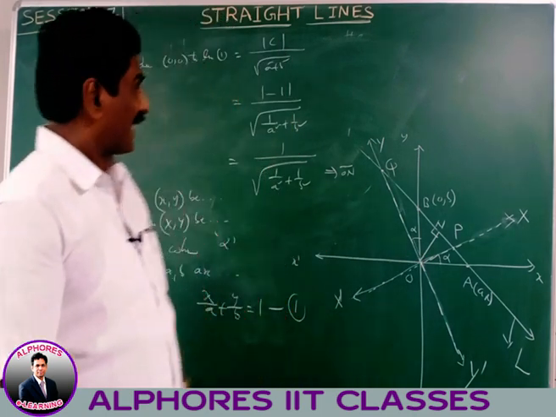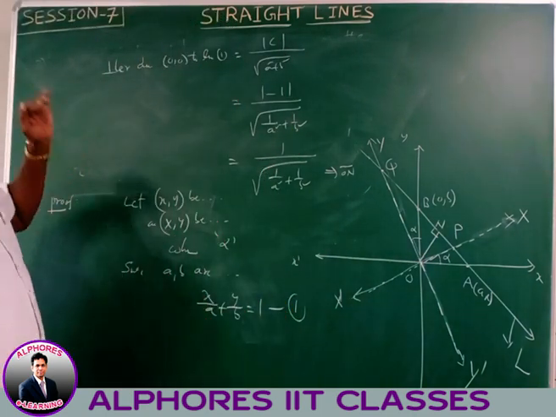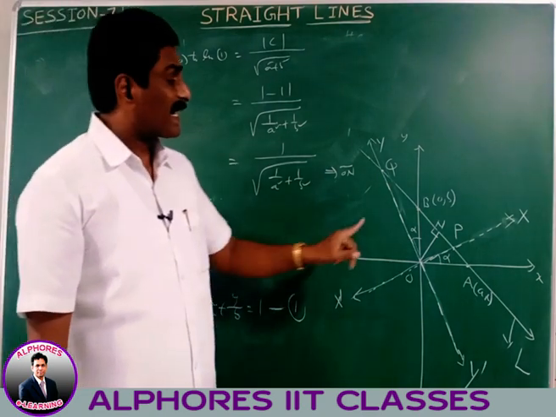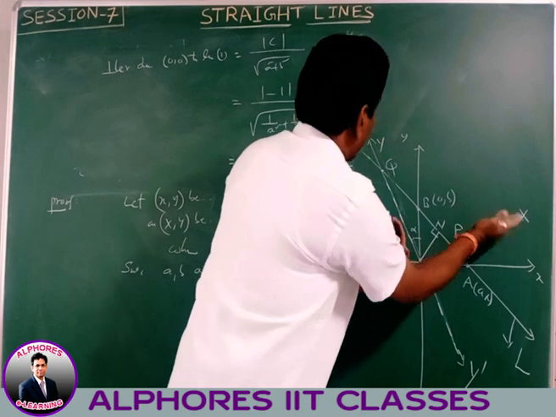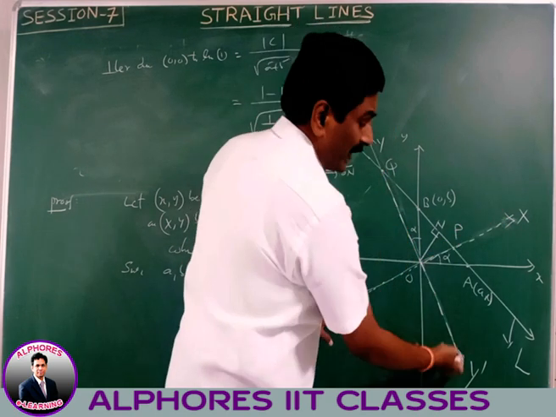Okay. Next. What are the x and y intercepts in the new coordinates? Suppose the coordinate axes are rotated through an angle alpha. It is x dash, y dash, the new coordinates.